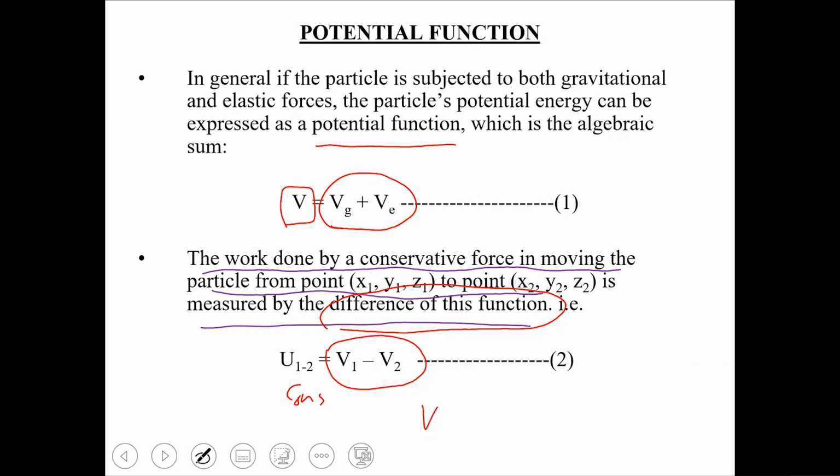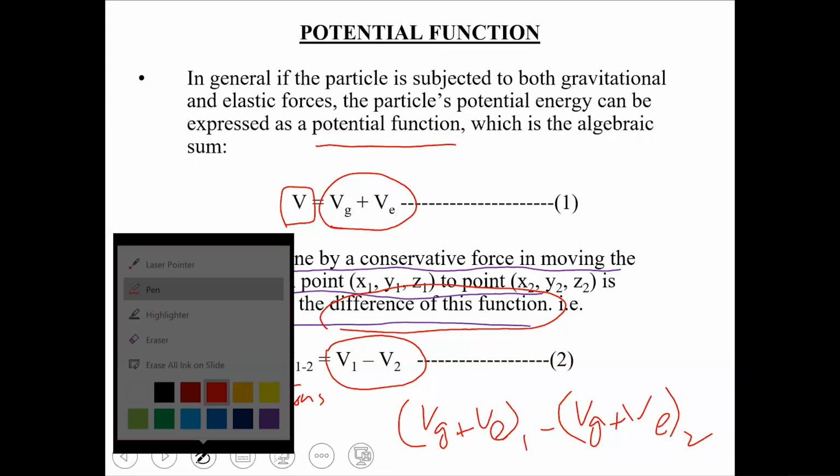In other words, you can write it as Vg plus Ve at position 1 minus Vg plus Ve at position 2. So the total potential energy at position 1 minus total potential energy at position 2 should be equal to the work done by conservative forces from position 1 to position 2.